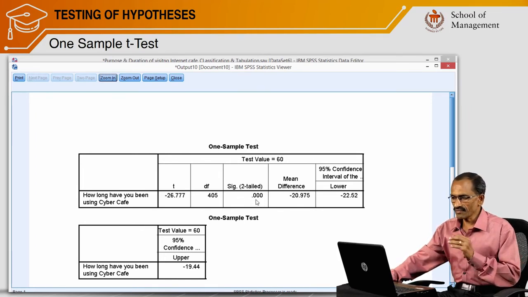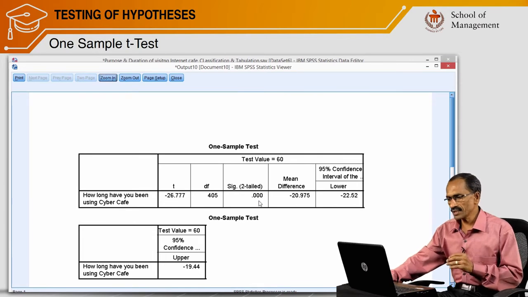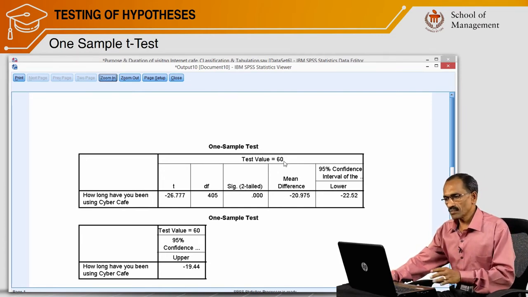If this significance value is less than or equal to 0.05, we can convincingly reject the null hypothesis. What was our null hypothesis? The average duration of internet usage of the samples covered in the study would be 60 months. And we have seen in the previous table that the average value estimated is 39 months.